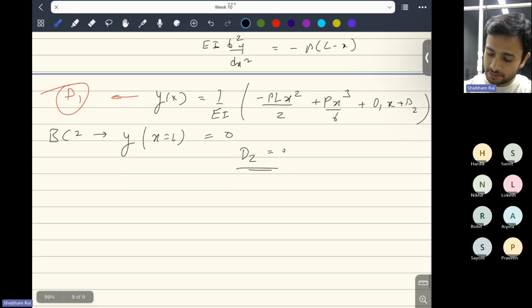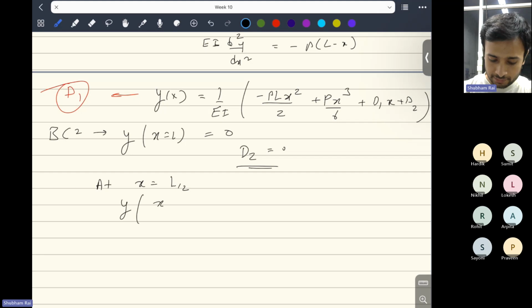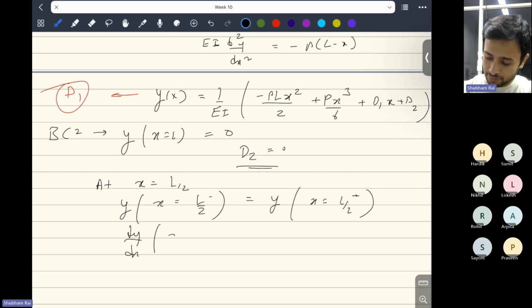So at the interface, that is at x is equal to L by 2, y coming from the left hand side solution, L by 2 minus, should be equal to y coming from x equal to L by 2 plus. And there is a slope continuity also. Similarly, dy by dx coming from x equal to L by 2 minus should be equal to dy by dx at x equal to L by 2 plus.